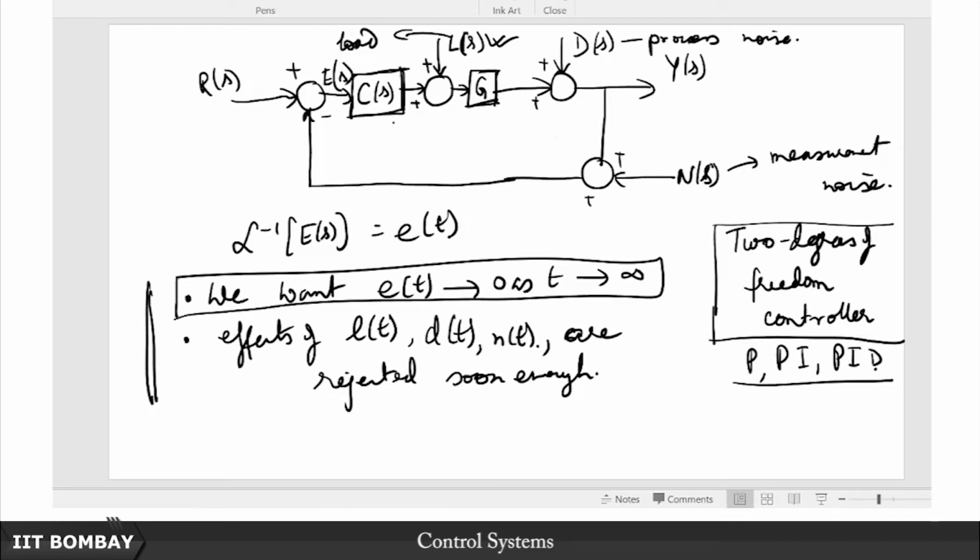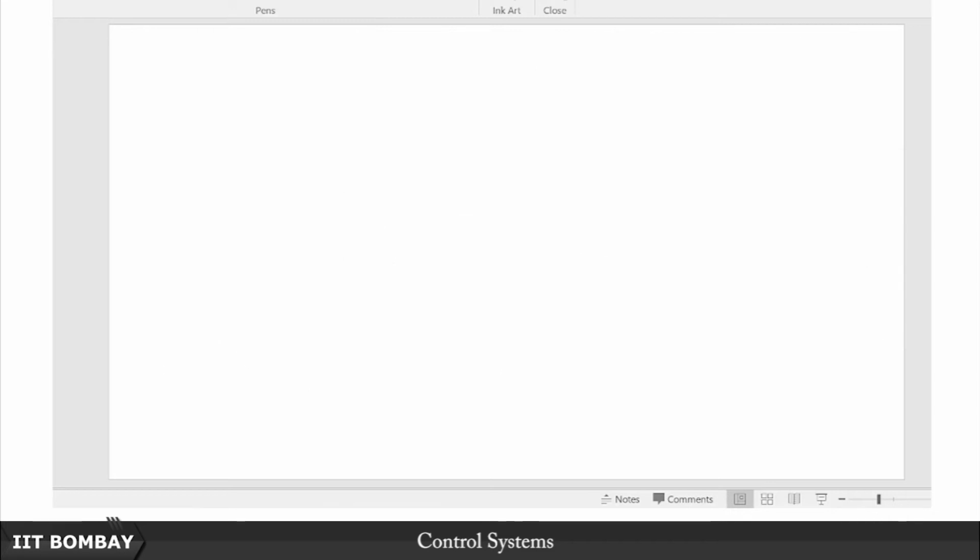So we will at most deal with the behavior with respect to this reference signal and with respect to some load that is being applied, how soon we can reject this load. But remember, in the long run, a control systems engineer should be able to address all of these requirements. So with that goal in mind, now we venture forward into studying this kind of systems.